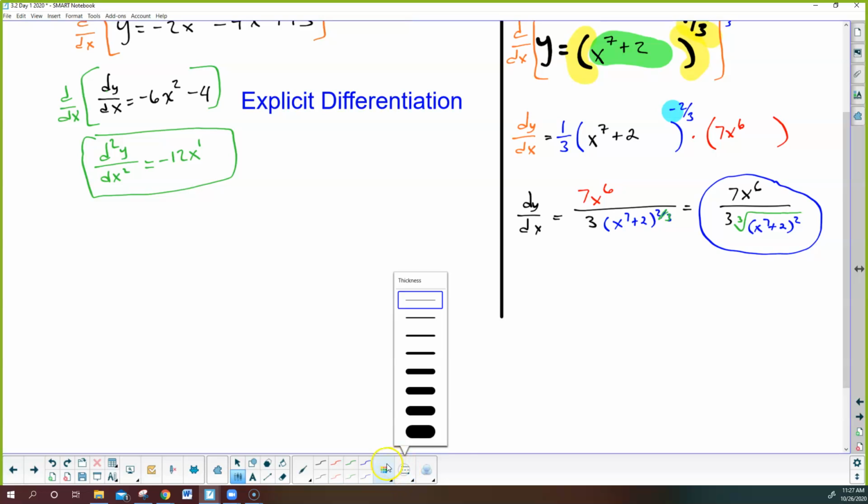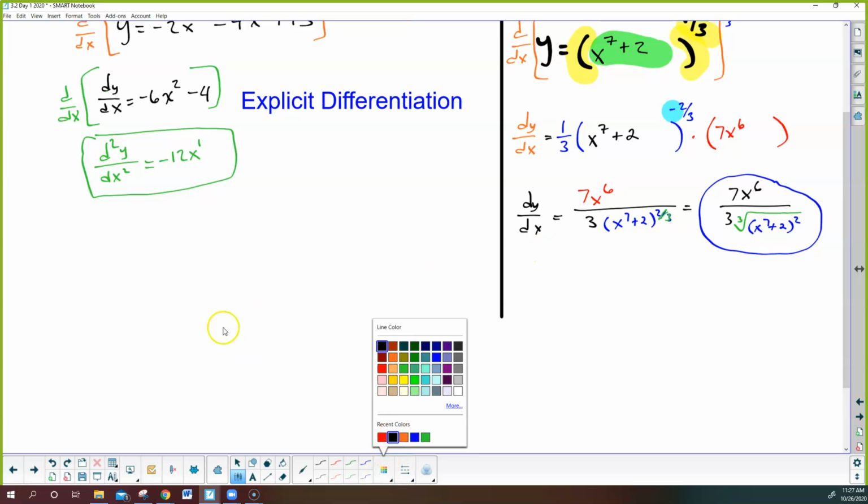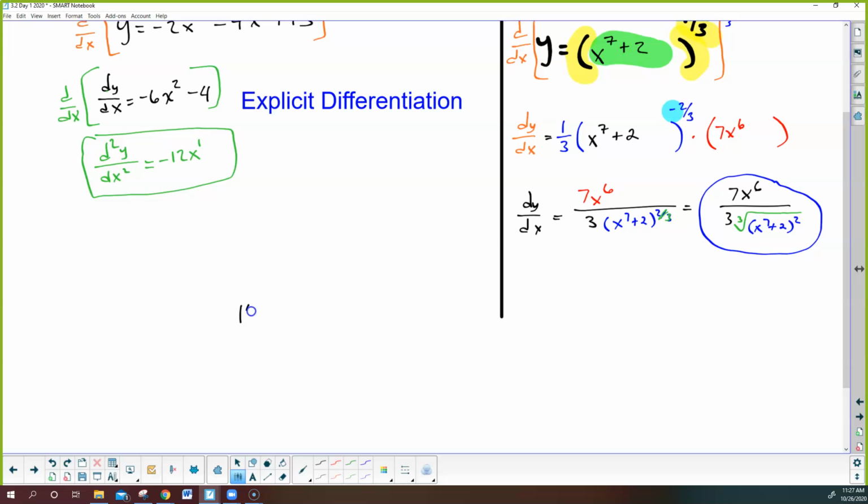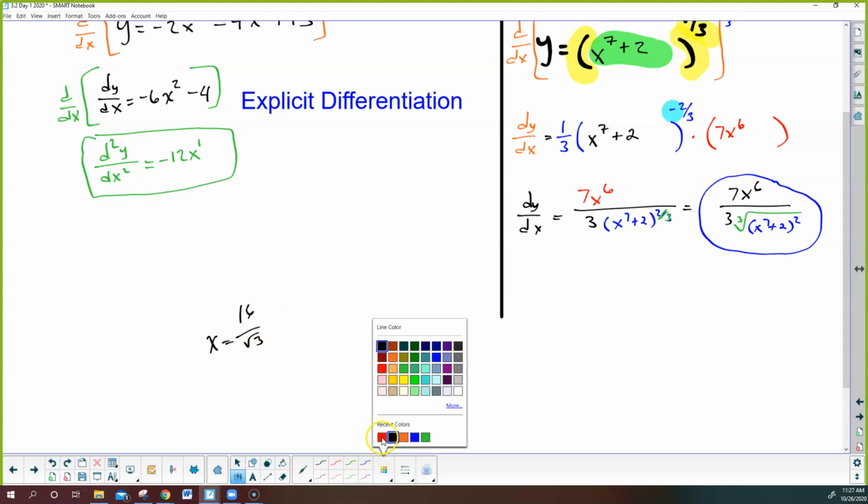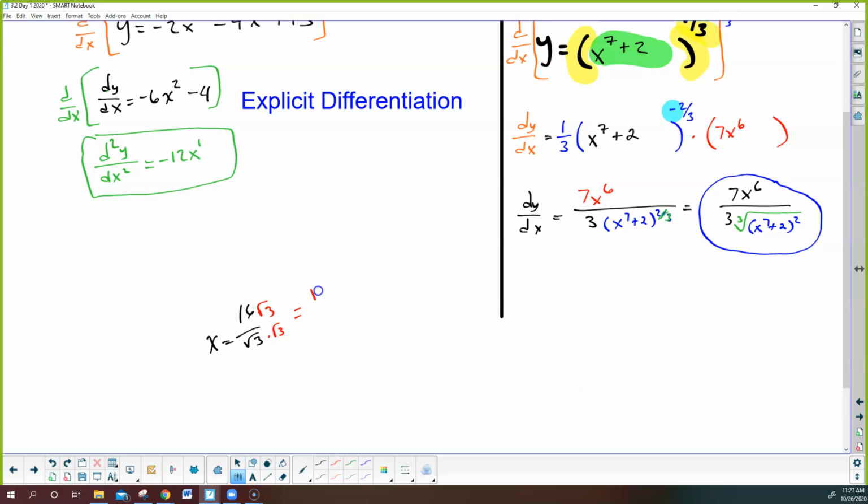That was if we were dealing with, let me just say as a side note, let's say I had an answer of x equals 16 over the square root of 3, where we said we don't like roots in the denominator. We don't care here. This is actually better. But in this case, we could rationalize the denominator, and then that would turn into the square root of 9, which is 3.